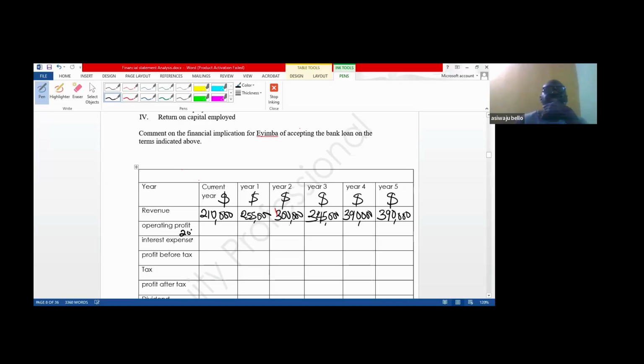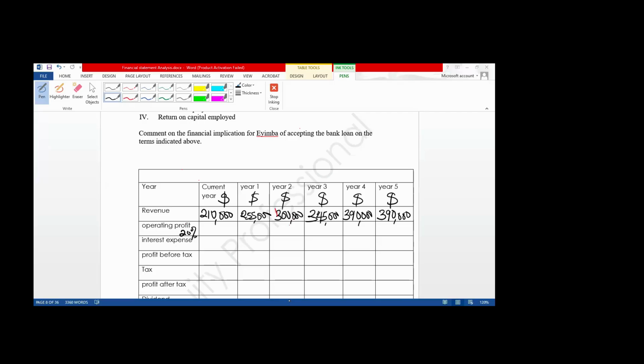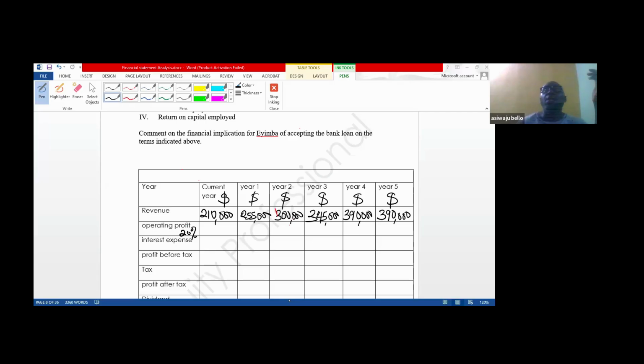Compute 20% of your revenue. 20% of 210 is $42,000.